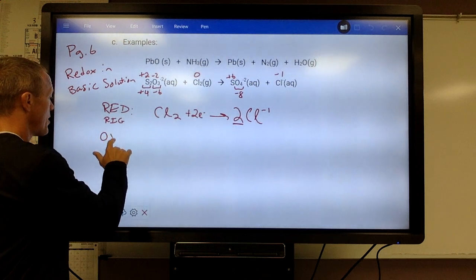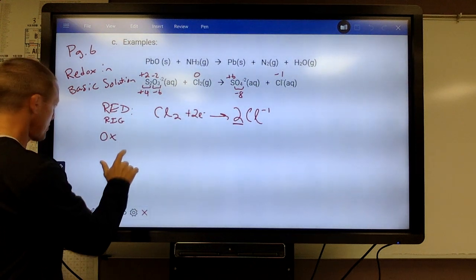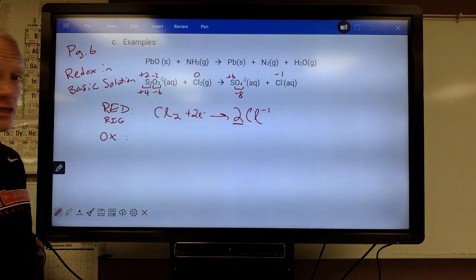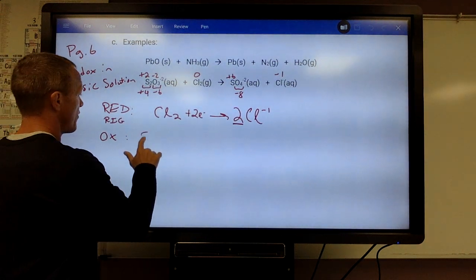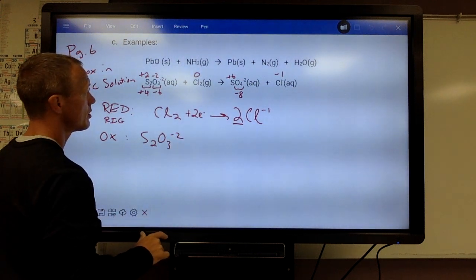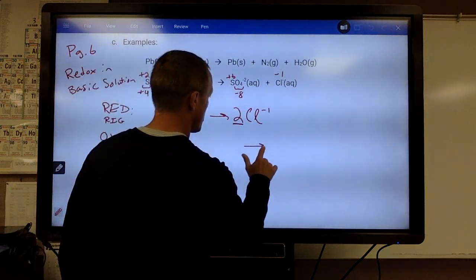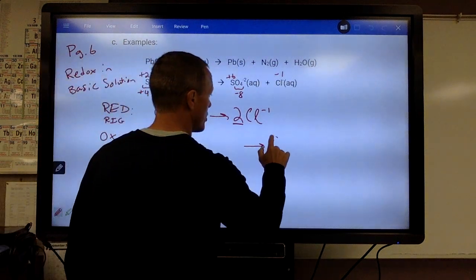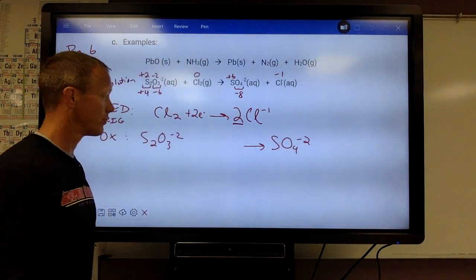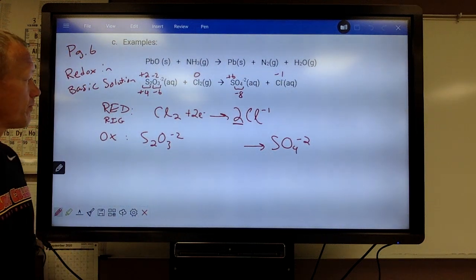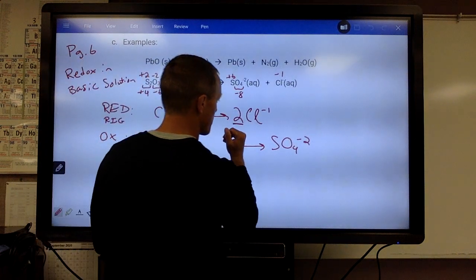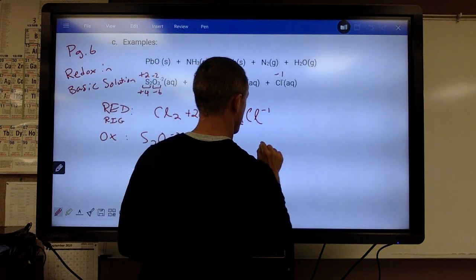Oxidation, remember, oxidation is losing. So we have S2O3 -2 going to SO4 -2.